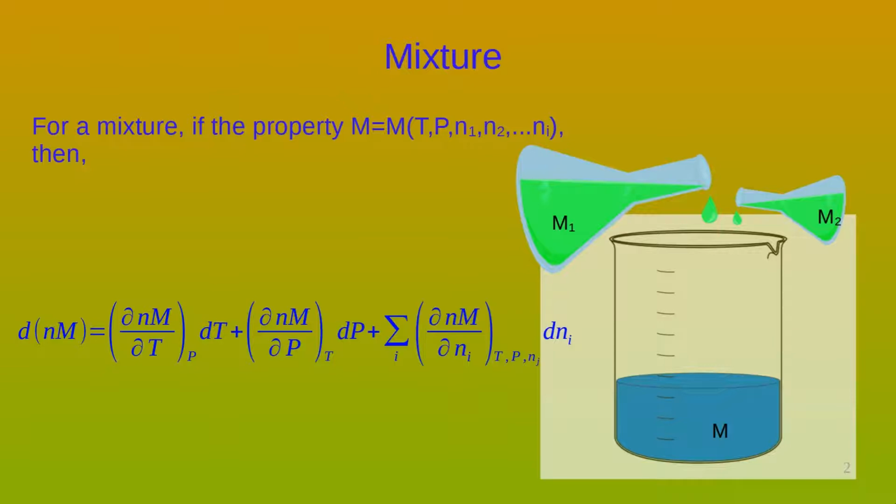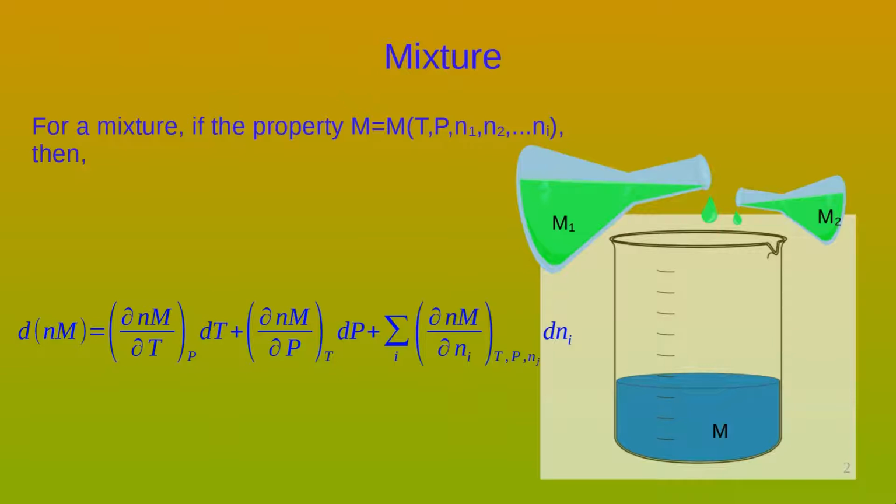Internal energy is something you can relate to in physics, right? It's the sum total of all the energies that the molecules have. Enthalpy is nothing but the internal energy added to the pressure times volume of the mixture. And Gibbs free energy and Helmholtz free energy have their respective definitions.